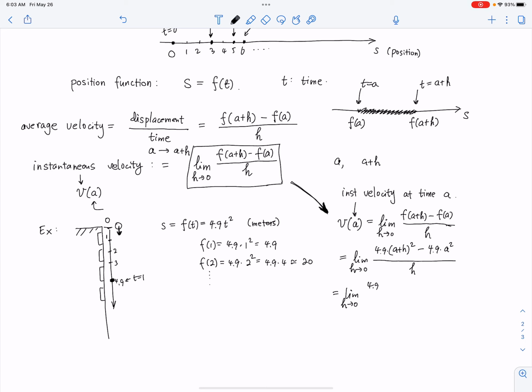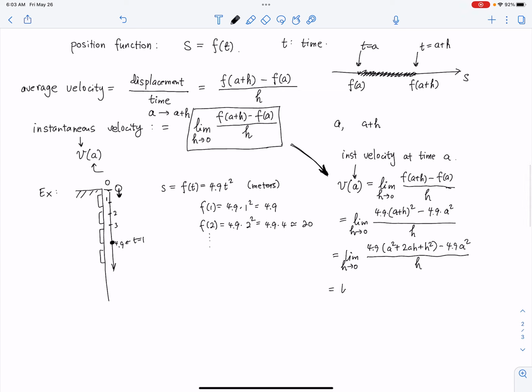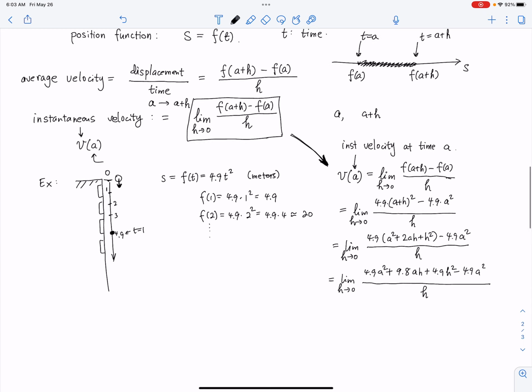So you can take the product, right? It's going to be a squared plus 2ah plus h squared minus 4.9 a squared over h. Right, so these are very simple algebra. You just do 4.9 a squared plus 9.8ah plus 4.9 h squared minus 4.9 a squared over h, right?